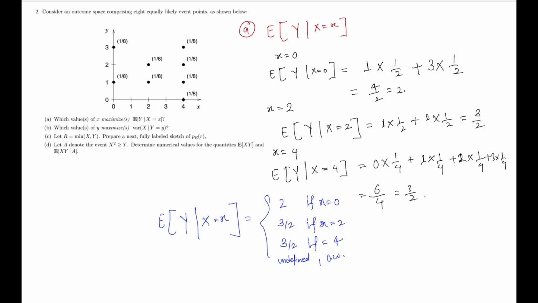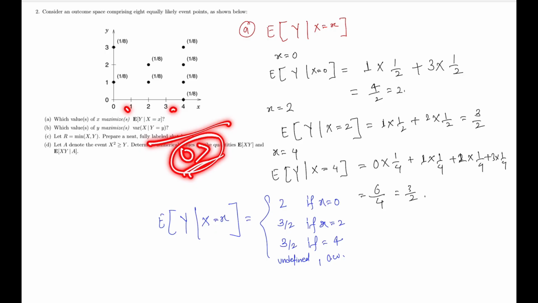I think I was mentioning for these cases 0, that was not correct. For these cases it will be undefined. Why will it be undefined? What's the total probability for this universe? 0, right? So you cannot divide by 0. In that case the conditional probability has to be defined, so this has to be greater than 0.